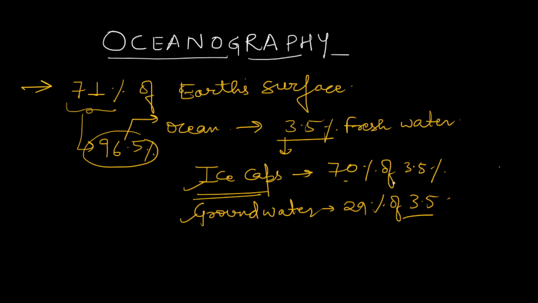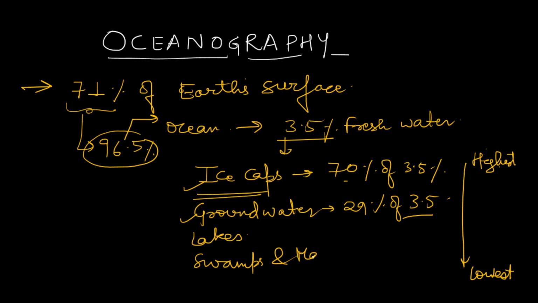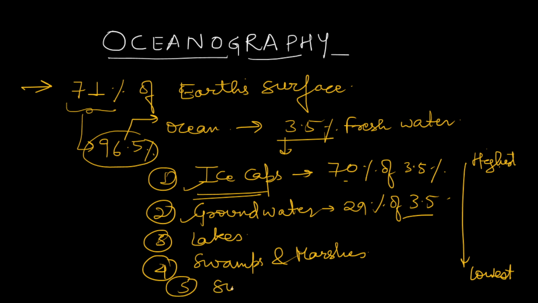And going in a decreasing trend, from highest to lowest: the highest amount of fresh water is in ice caps, second highest is in groundwater, third highest is in lakes, fourth highest is in swamps and marshes, fifth highest is in soil moisture, that is the moisture present in soil.